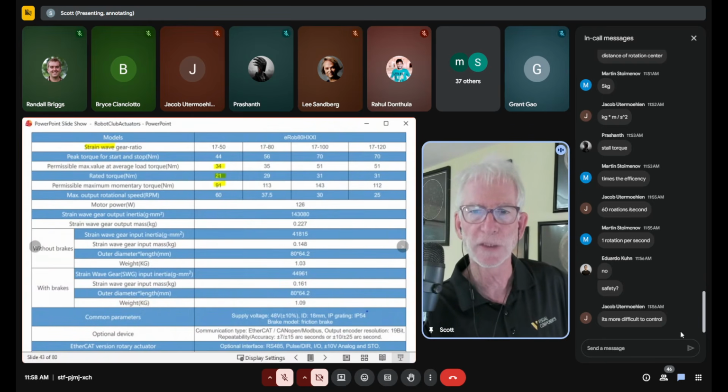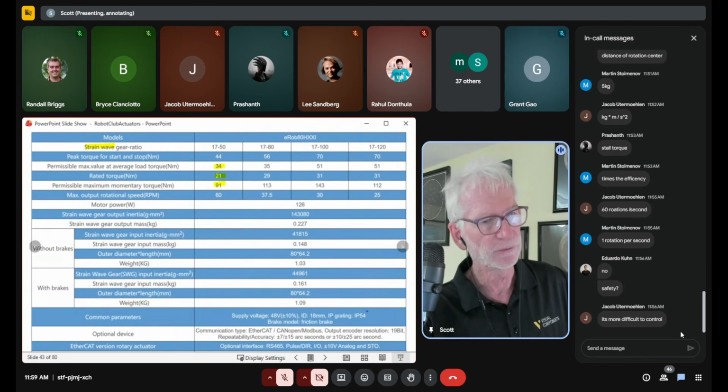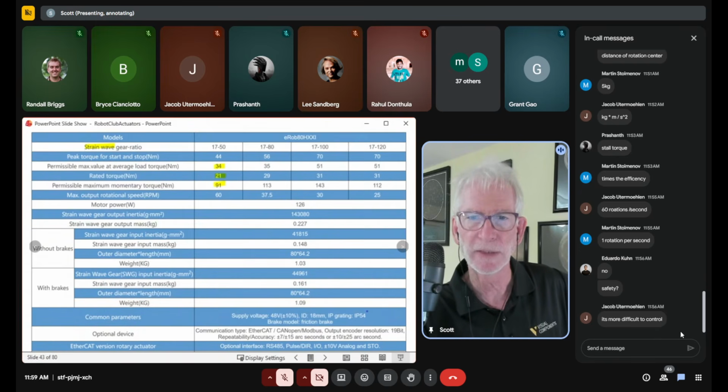The first thing you'll see is, oh, that says strain wave. What does that mean? What kind of reducer? It's just another word for harmonic. So if you see strain wave in there, you know that's what it means. You will see that they have different torque values. Sometimes the numbers might be the maximum torque, or the average torque, or the rated torque.